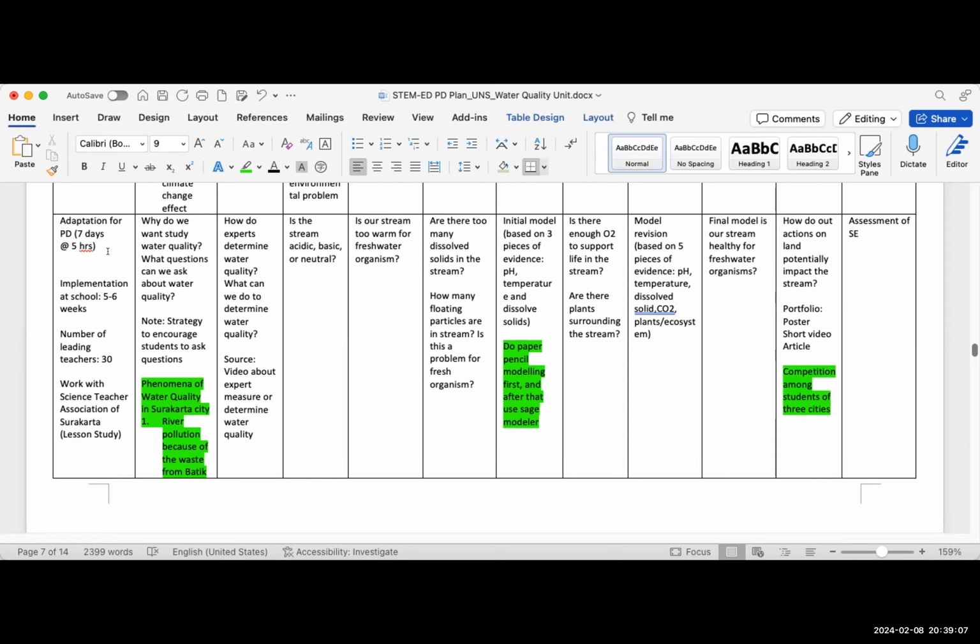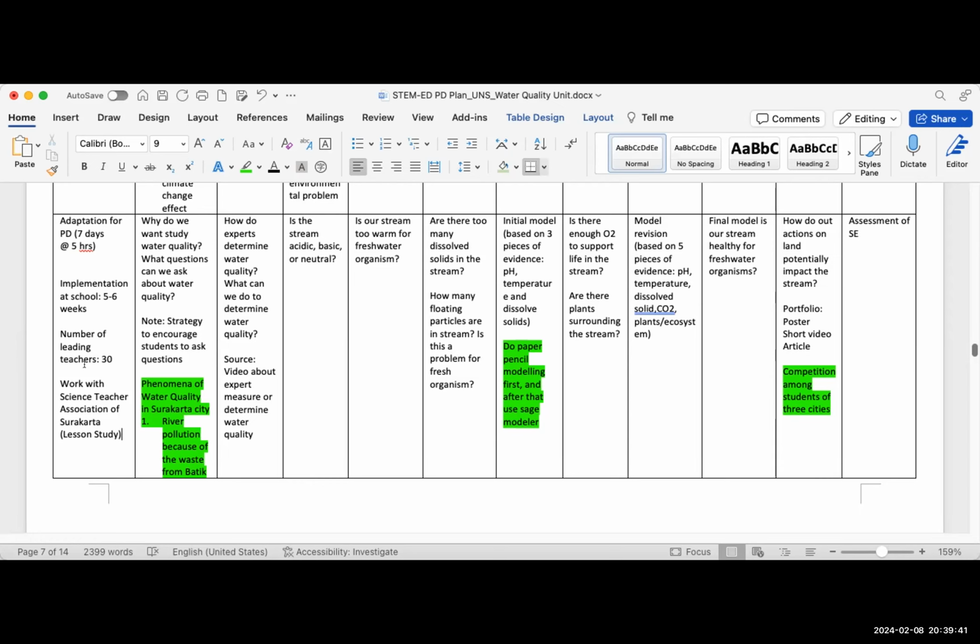So for that case, we plan to adapt the water quality unit, and we hope that the PD plan will be attended by leading teachers. Leading teachers are a new policy in Indonesia, where the Ministry of Education has trained some teachers to welcome new teaching methods.